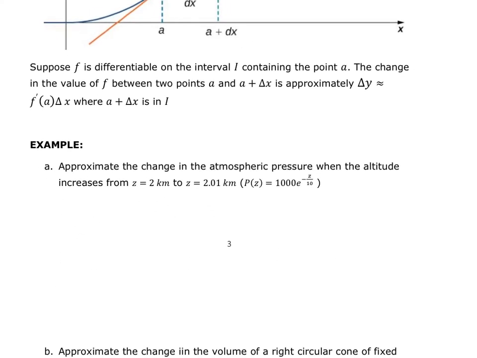These are really straightforward. We want to approximate the change from 2 to 2.01. So all we have to do is figure out what delta x is. Delta x is the difference between where I started and where I'm going to. So my delta x is going to be 2.01 minus 2.